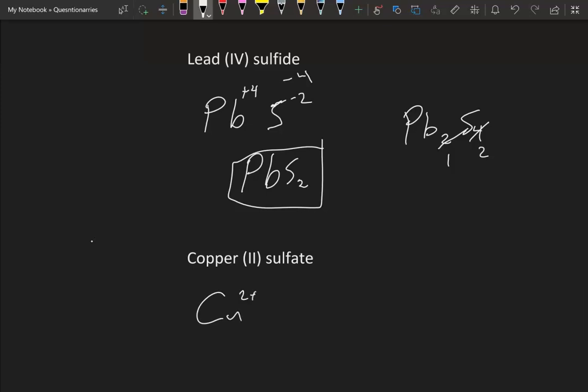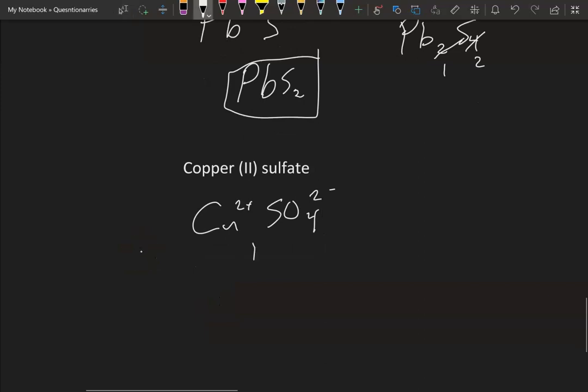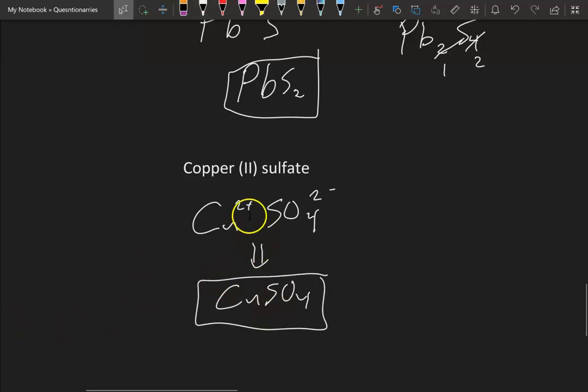And then the sulfate, if you look at your polyatomic ions, which you need to make sure you memorize, I told you that earlier, has a -2 charge. The nice thing about this one is that the +2 and the -2 are going to cancel out, so you are left with a formula of CuSO4. So again, the Roman numeral 2 tells you the charge of the copper, and the sulfate with a -2 charge comes from memorizing those polyatomic ions.